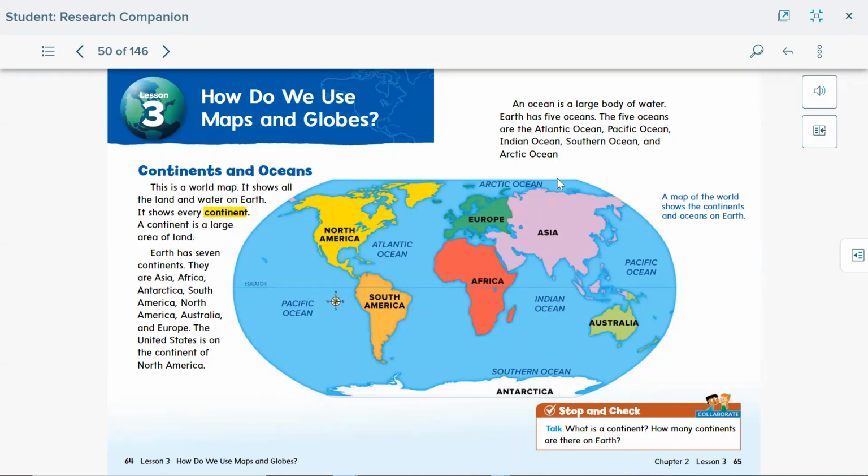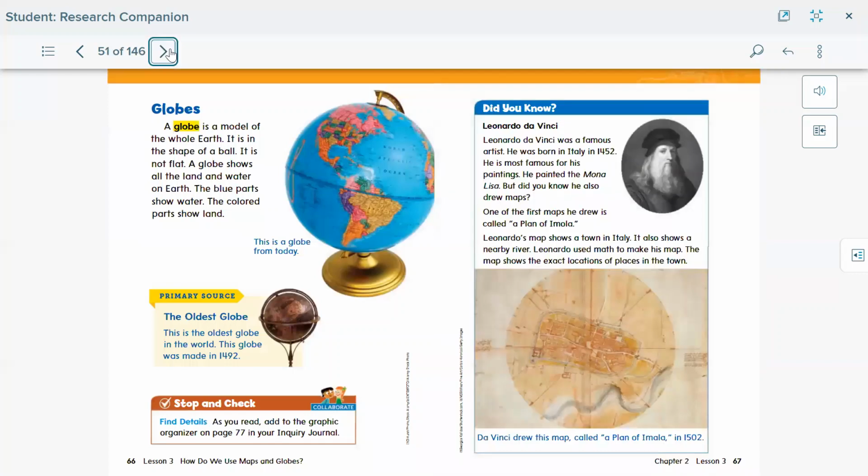The 5 oceans are Atlantic Ocean, Pacific Ocean, Indian Ocean, Southern Ocean, and Arctic Ocean. A map of the world shows the continents and oceans on Earth. All right, so that was the map.